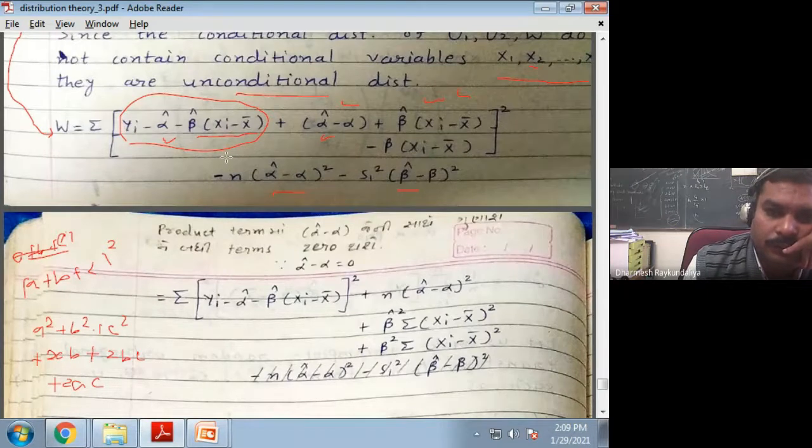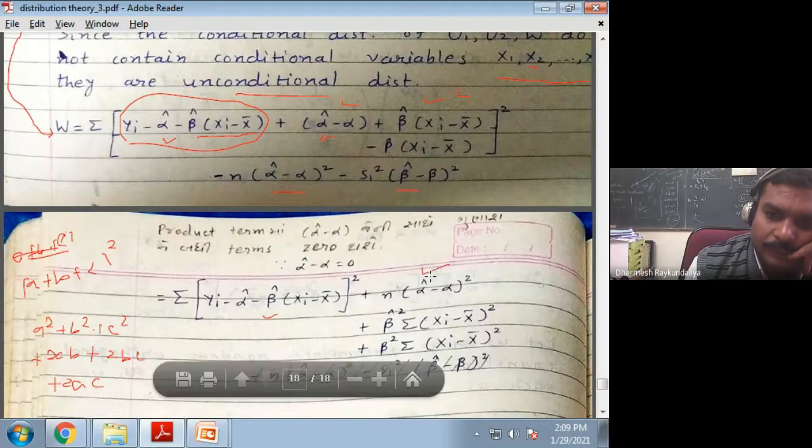So what I do, this is the s square, so as it is, I have written. Summation is of course there. This is b square. So summation outside, so this is constant with the i, so it is n times alpha cap minus alpha bar square.